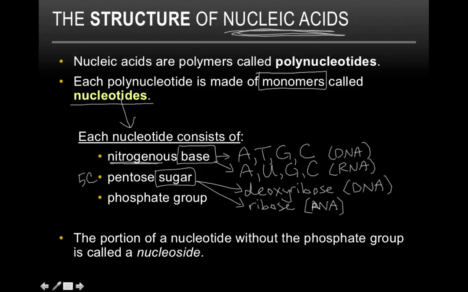And then finally, every nucleotide monomer has a phosphate group, which consists of a phosphorus atom and 4 oxygen atoms, as well as a couple negative charges. So the basic structure of a nucleotide has a phosphate group attached to a pentose sugar, ribose or deoxyribose, and a base. That's your basic structure of your nucleotide.